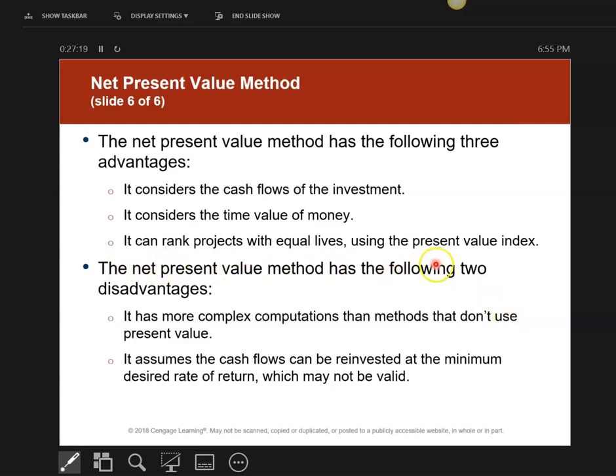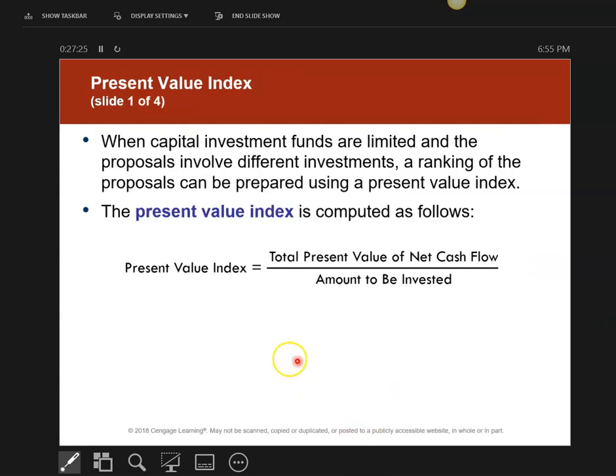So let's go talk about the present value index. This is when I'm looking at multiple proposals. Okay, so here's my formula for the present value index. This is when I only have so much money to spend, and I want to figure out which is my best investment. So the total present value of net cash flows divided by the amount to be invested.